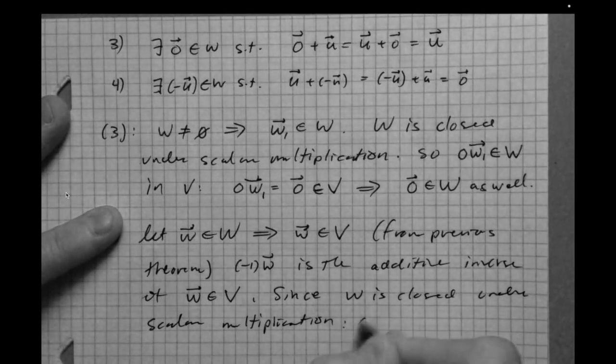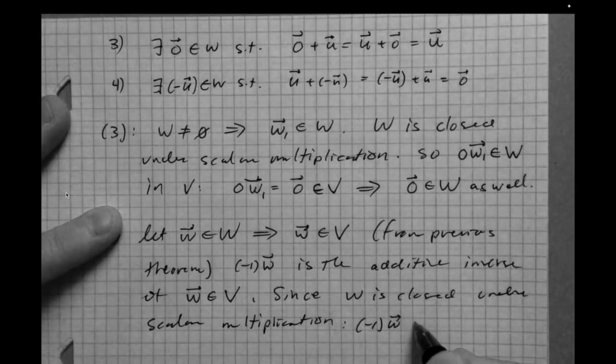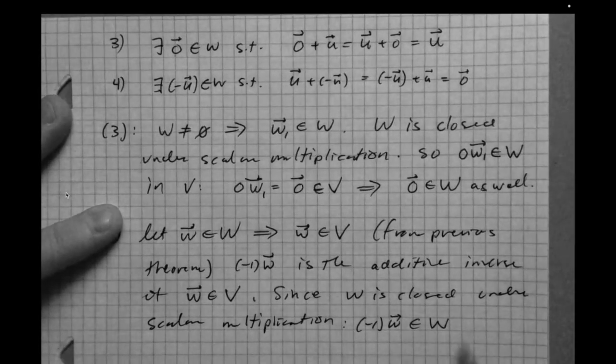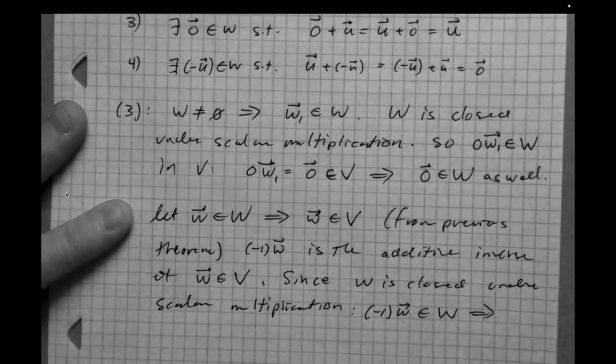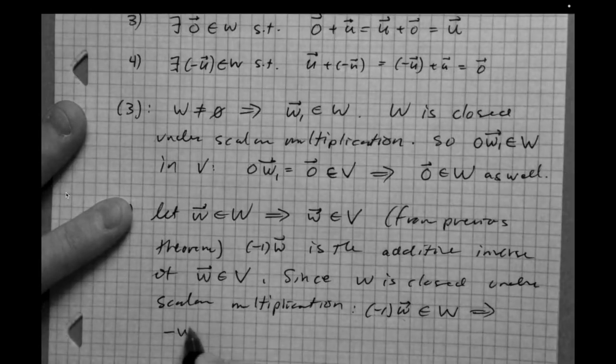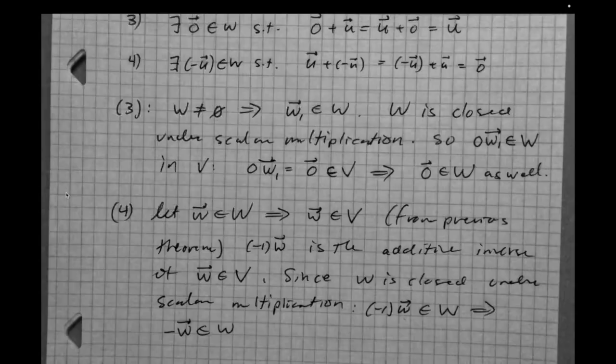Well, -1 times the vector w must be in W, which implies that the inverse, because this is equal to the inverse of w, is in W.